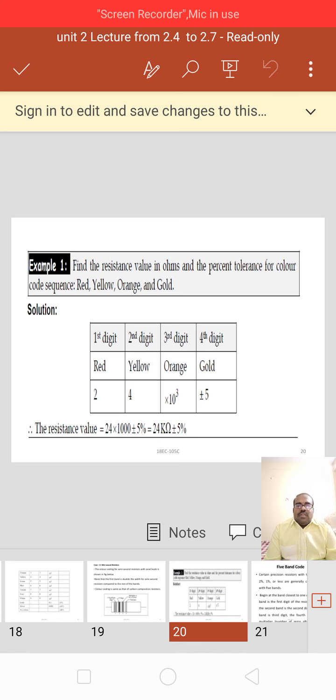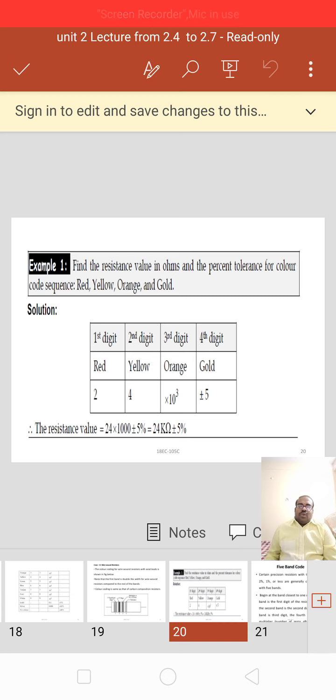Here, first digit, second digit, third digit and fourth digit. Solution: we take red as the first digit, yellow second digit, orange third digit and gold as the fourth digit. For red it is 2, for yellow 4, orange 10 power 3, gold plus or minus 5. So the resistance value is 2, 4 into 1000 plus or minus 5%.